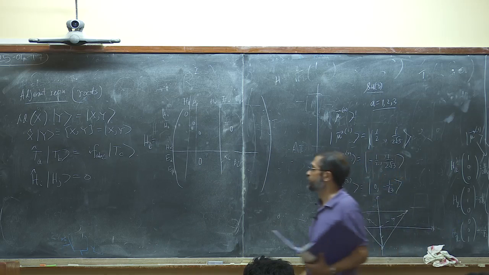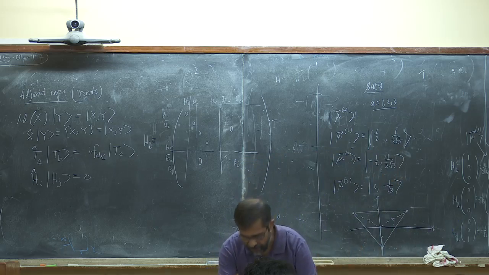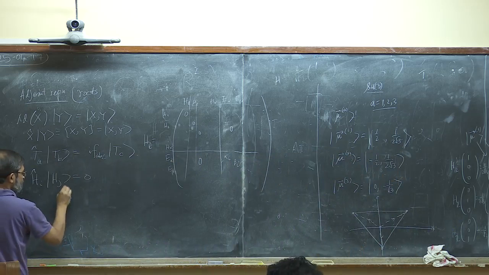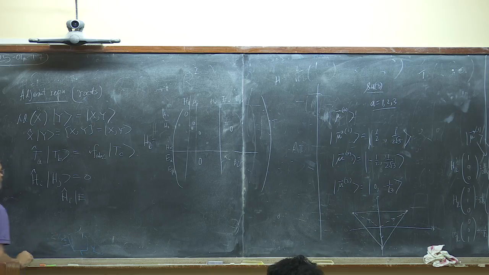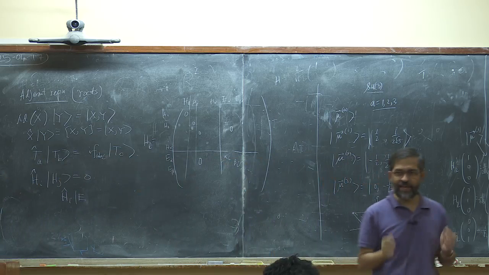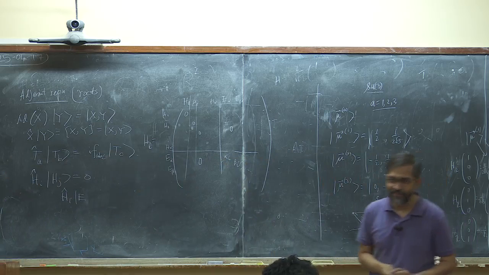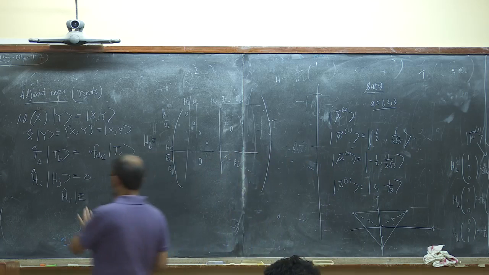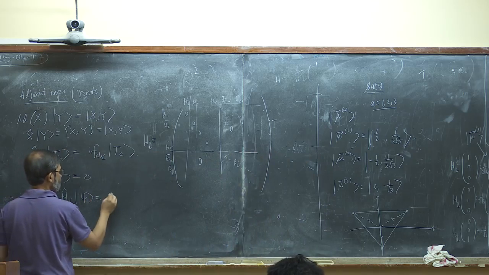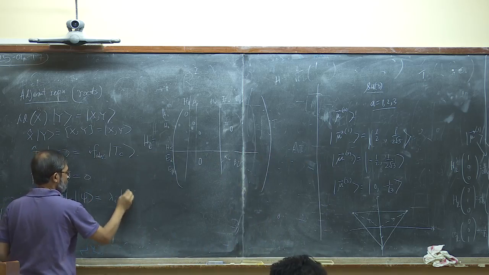No? Okay, good. So I claim that I can find simultaneous eigenstates in the adjoint representation also. What does it mean? That means that these kets will have some eigenvalues.